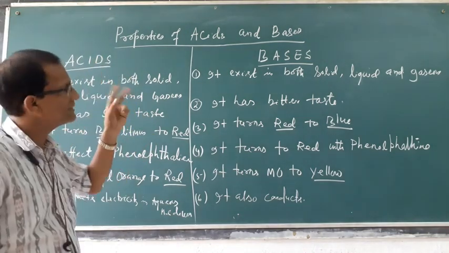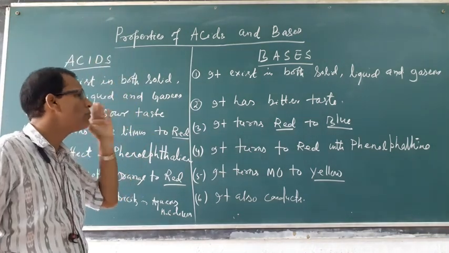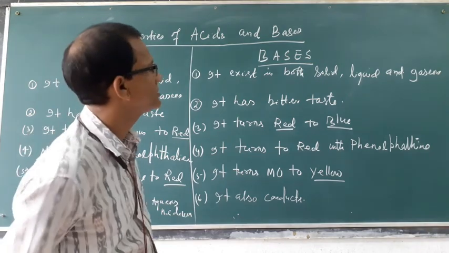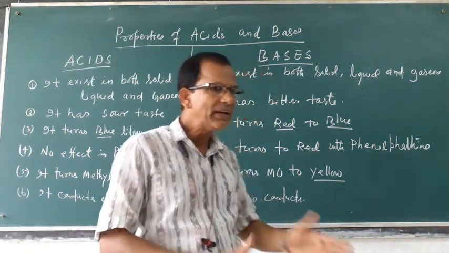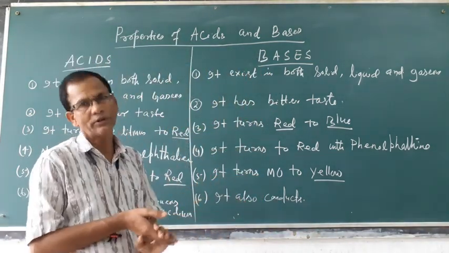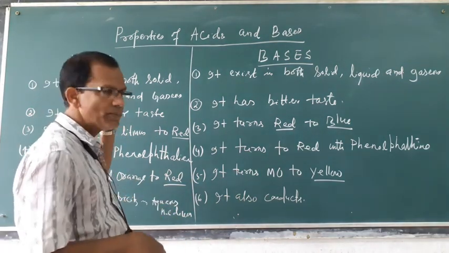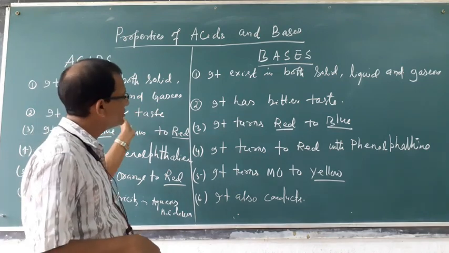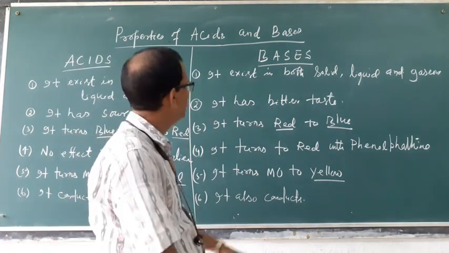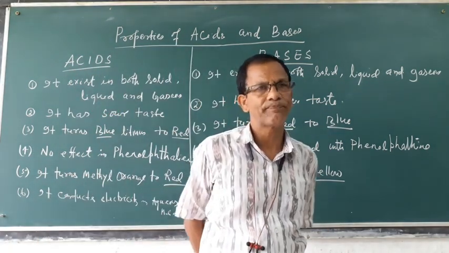Mainly these two things, acid and base, are the two important substances having different behavior, different characteristics. The properties of acids, the behavior of acids, are just opposite of bases.